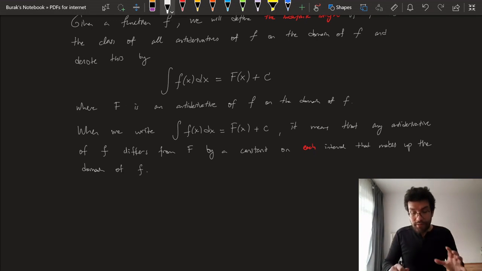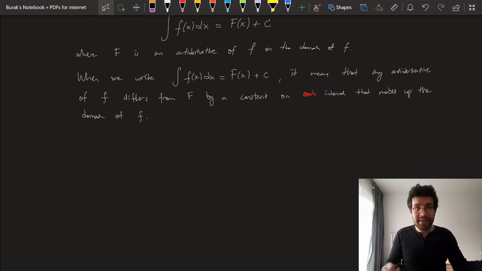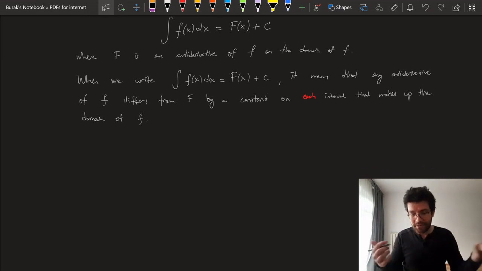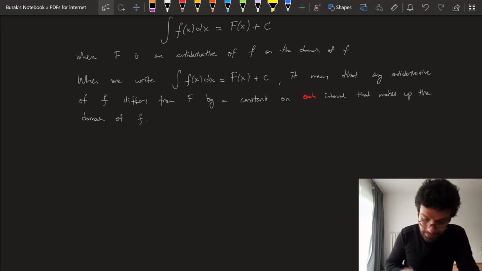Okay, this is a minor point which is not mentioned in many calculus books, so I'm just going to mention it because, well, it's not going to create any problems for you, but if you're going to learn things, learn them properly, okay?